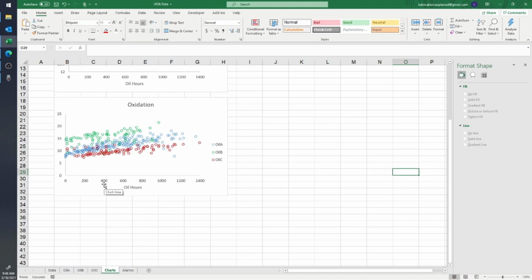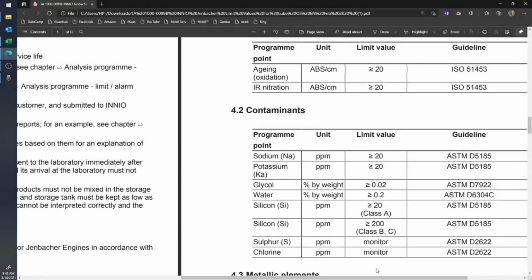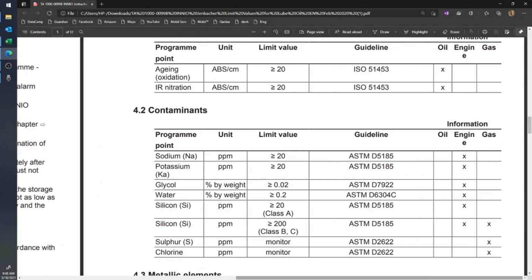Now, Jenbacher, in their document, specifies a guideline, which is ISO 51453, called oxidation by differential spectra method. What differential spectra does is it has a reference spectrum for new oil, then you get the spectrum for used oil, and it subtracts one from the other. So in this guideline that Jenbacher has stated, oxidation should always start at 0 for new oil.